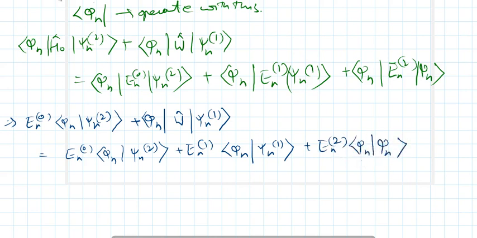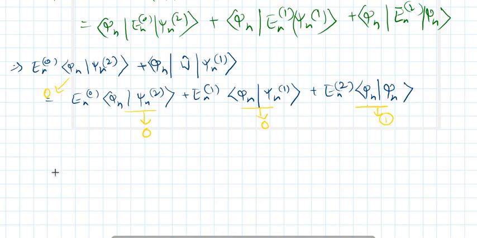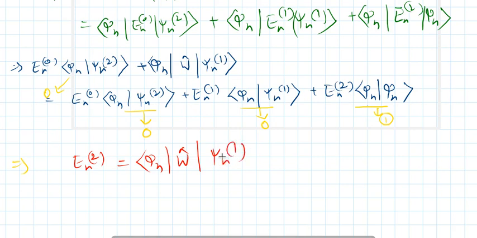As phi n phi n will be equal to 1, phi n psi n2 is equal to 0, and phi n psi n1 is also equal to 0. So this leads to the fact that En2 is equal to phi n W psi n1, right? Because this is 1, this term is basically equal to this term, and this is equal to 1, right?